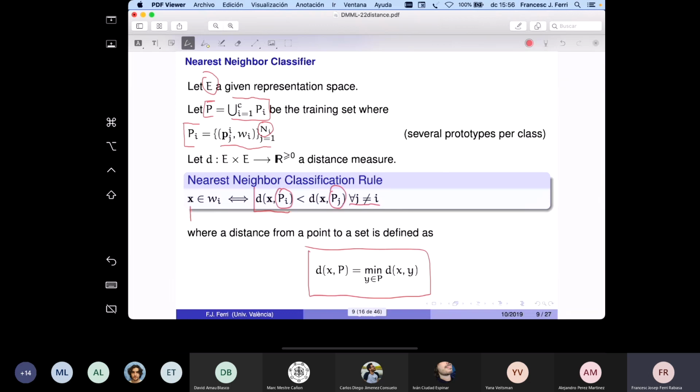So what this rule does is, let's take the whole training set, let's measure distances to any example in the training set, and then keep the minimum. The minimum of the minimum is the minimum. So you take the minimum distance, the nearest neighbor, and then assign as the class of the input the class of the nearest neighbor. Okay?